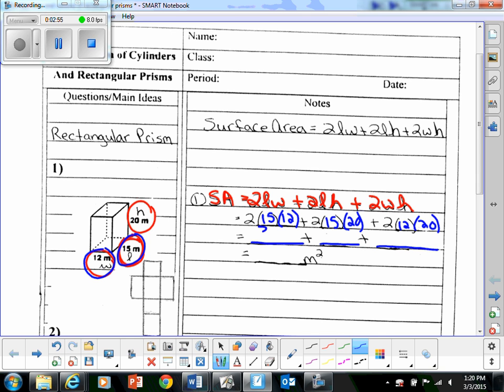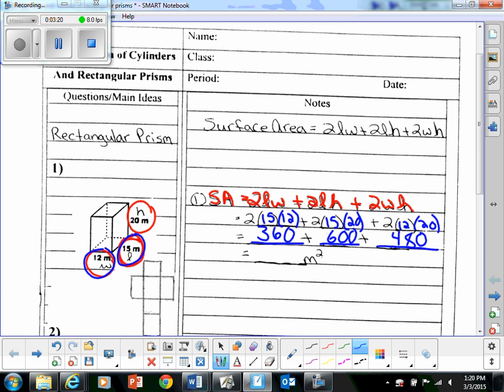So my first group of numbers is 360, and my second group of numbers is 600, and my third group of numbers is 480. Okay, so go ahead and stop the video and calculate your final answer, and then turn the video back on and you can check your final answer.